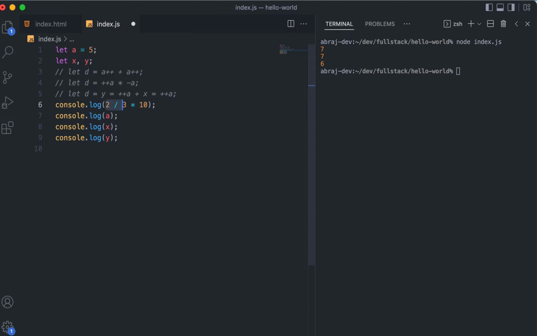So firstly you do 2 by 3, which is 0.66, and whatever the answer is, that value will be multiplied with 10. So the answer is 0.66 into 10, which is 6.66.